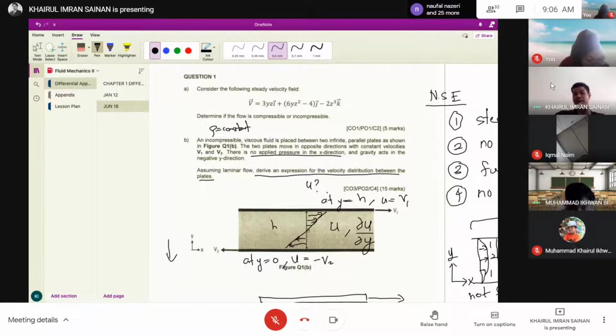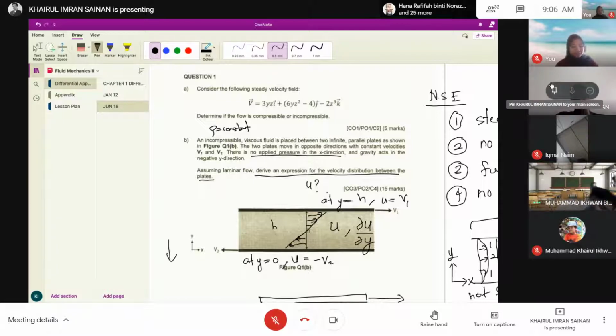Now, hear me out, please hear me carefully. For this case, it's actually a closed system. What is a closed system? When you have a fluid in between plates, a top plate and a bottom plate. If you have a fluid in between plates, there should actually be a pressure difference.